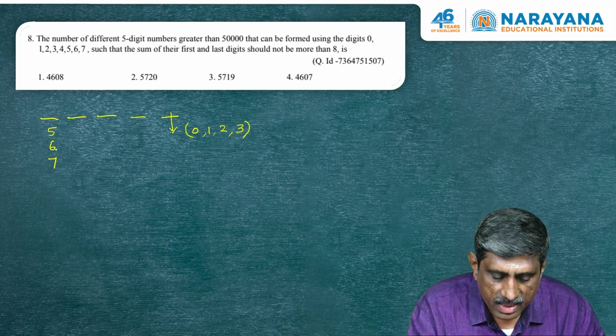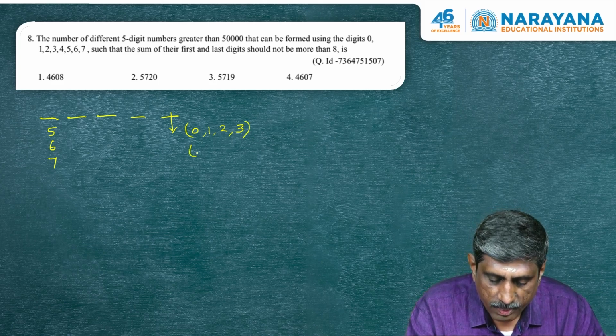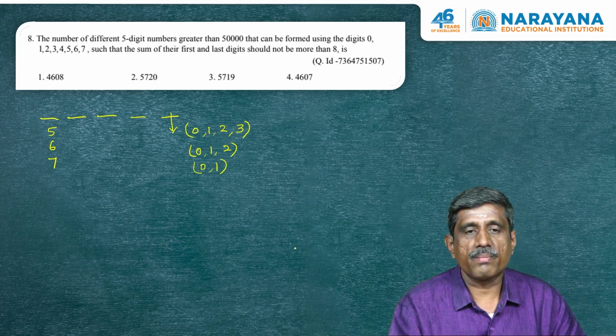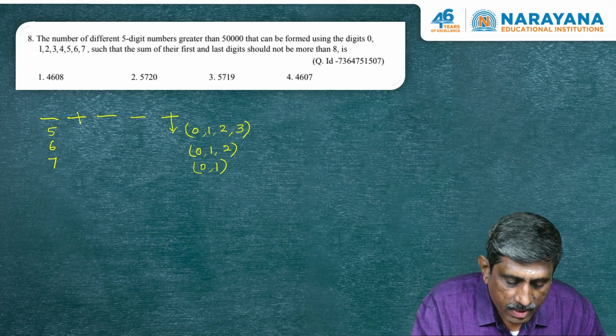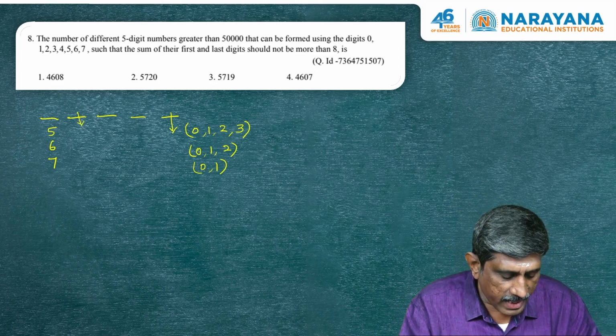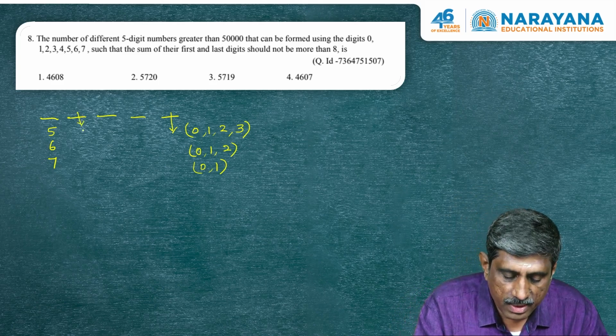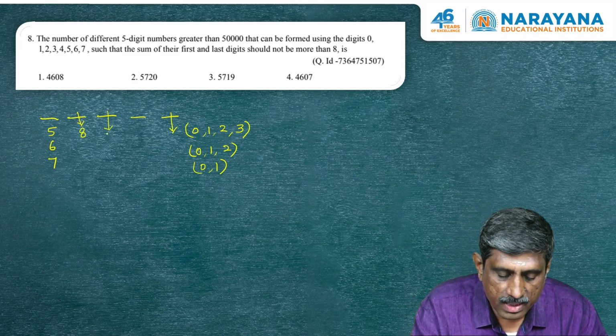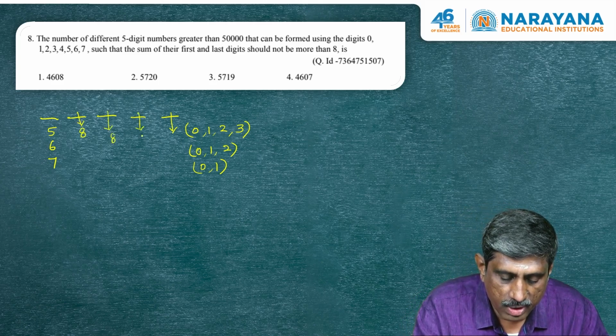When you put 6 in the first place, the last place can be 0, 1 or 2 only. And when we put 7, it can be 0 and 1 only. And in each case, this place can be filled by any one of the 8 numbers in 8 ways. It can be 0, 1, 2, 3 and so on up to 7, and this also 8, this also 8.